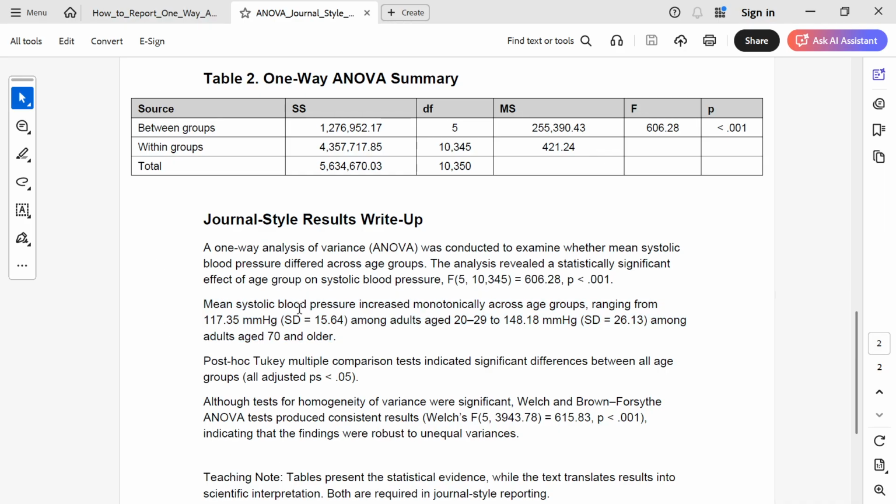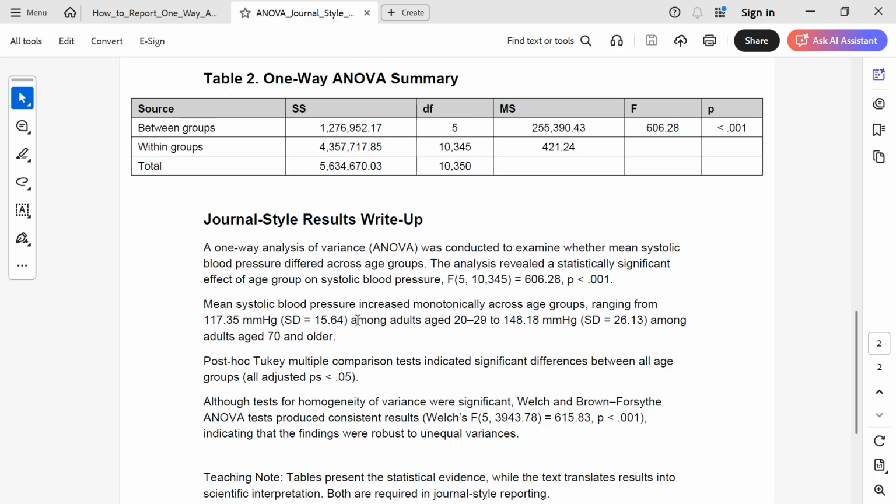So that says mean systolic blood pressure increased monotonically across age groups, ranging from 117.35 mmHg with an SD of 15.64 among adults between 20 to 29, to 141.18 mmHg with an SD, or standard deviation, of 26 among those aged 70 and older.